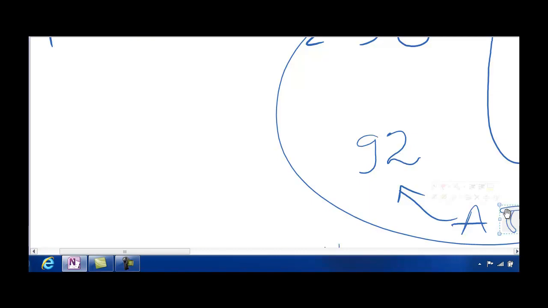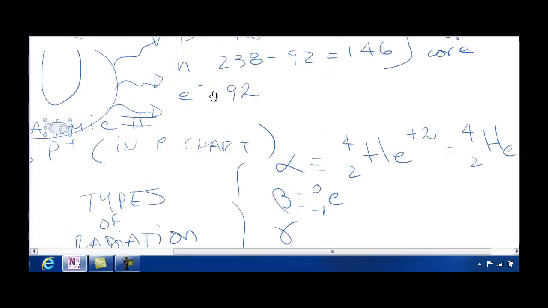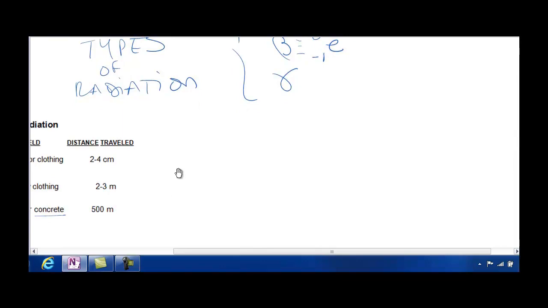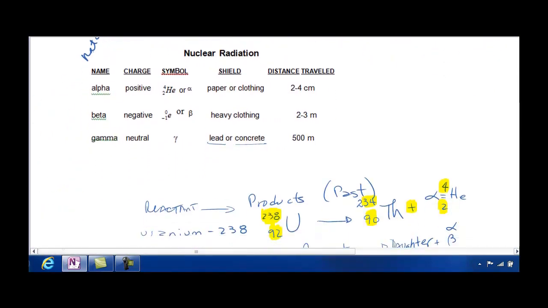Are you with me? I put in here thorium 234. Any questions with this 234 or with this 90? Okay, how did you get 90? Whatever's on the right side of the arrow needs to be subtracted.